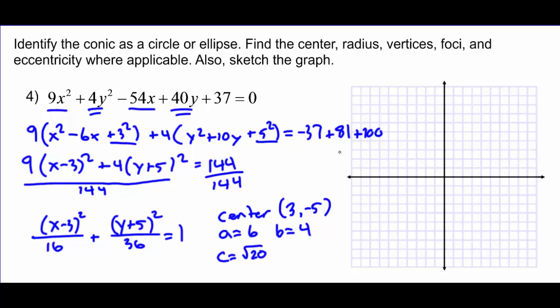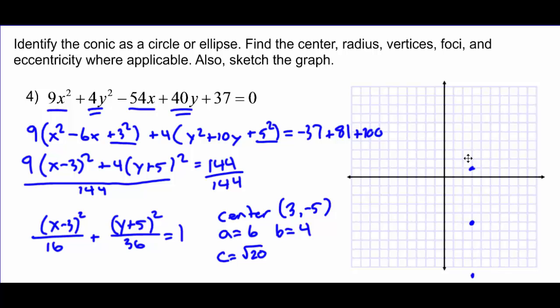Okay, I think we're ready to sketch. Let's do that. So 3 and negative 5 would be our center. Our a term is 6, and remember the larger number is connected with the vertical portion here, so I'm going to move up 6 and down 6. Yep, off the grid again.